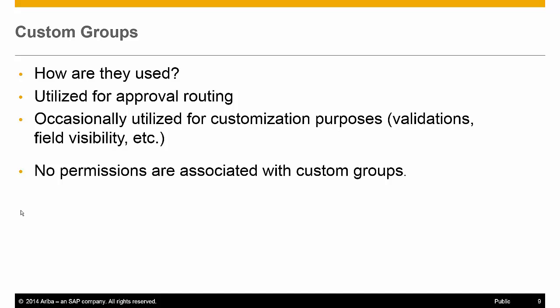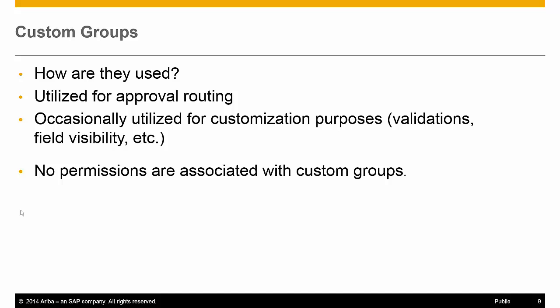Primarily, you'll see custom groups come into play with respect to approval flows. Sometimes you'll see them also come into play with advanced logic for things like field visibility and validations. But really the main function is for approval flows, and we can define a custom group as many as you need with whatever names you deem appropriate.